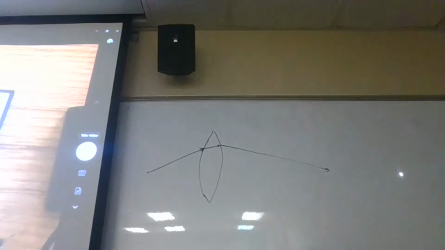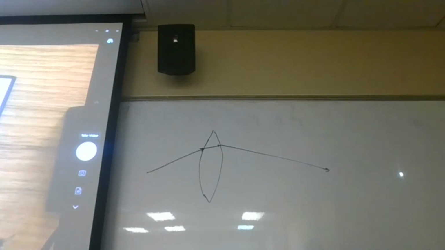So we use lenses to create images. They work by refraction.